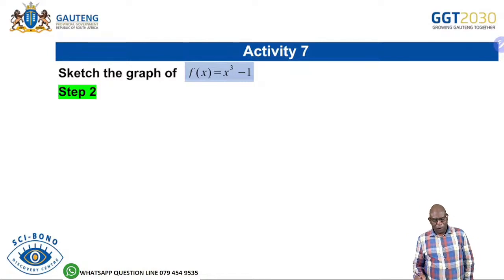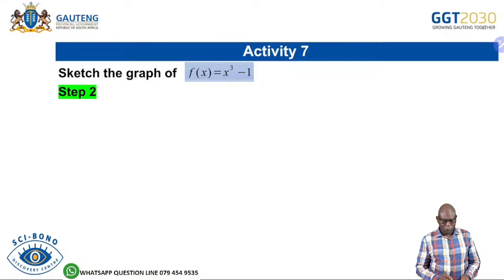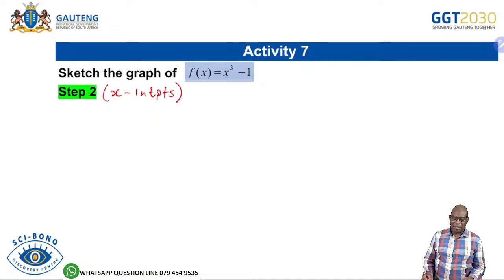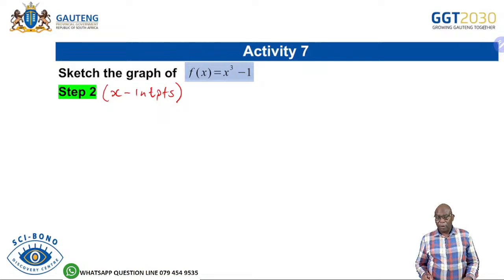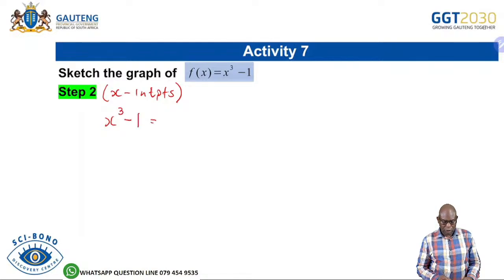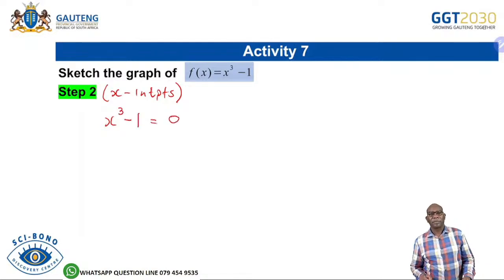Step number 2 means that I must get the x-intercept. How am I going to get the x-intercept of this graph? The y value must be 0, so I'm going to say x cubed minus 1 is equal to 0. And this is the difference of 2 cubes, done in grade 10.